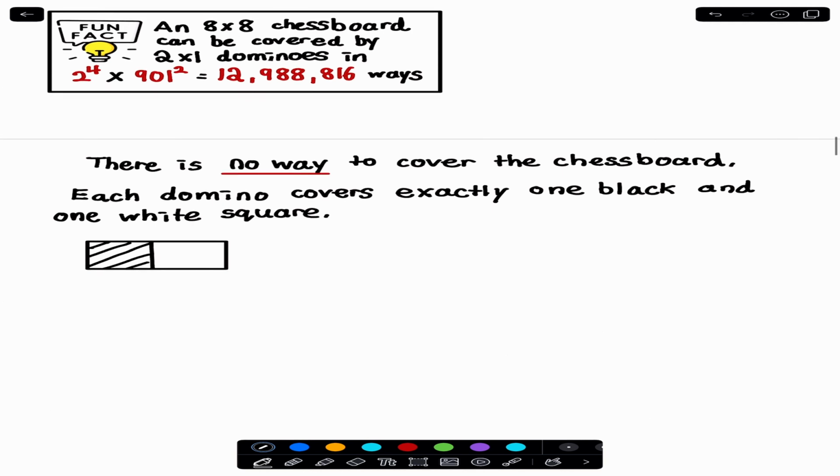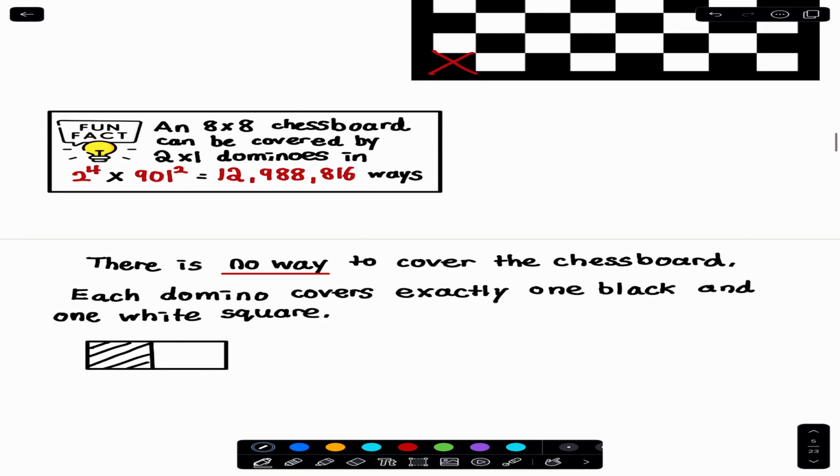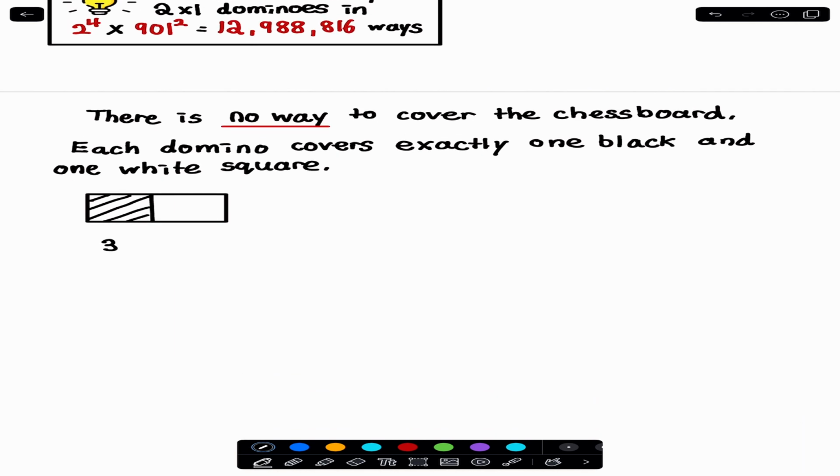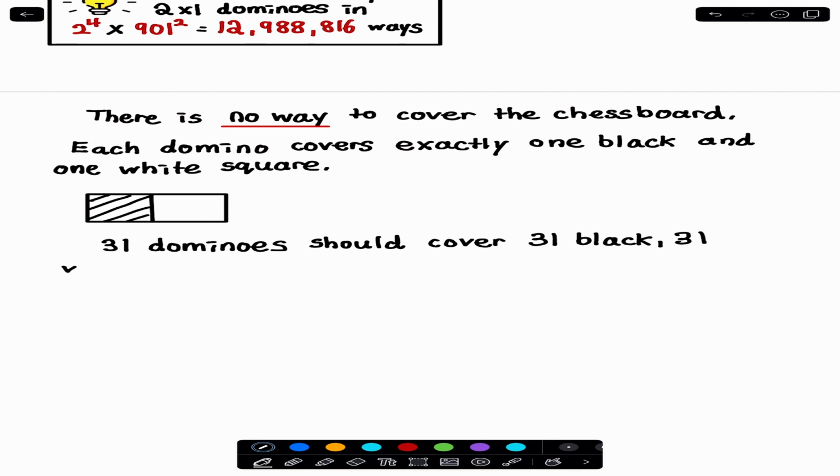Okay, so if each domino covers exactly one black and one white square, that means 31 dominoes, remember, we're given 31 dominoes in the problem, 31 dominoes should theoretically cover 31 black squares and 31 white squares.